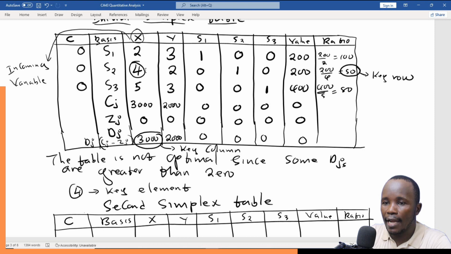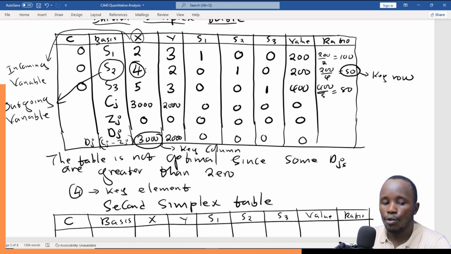The slack variable in that row is called the outgoing variable. We are going to replace the outgoing variable with the incoming variable.